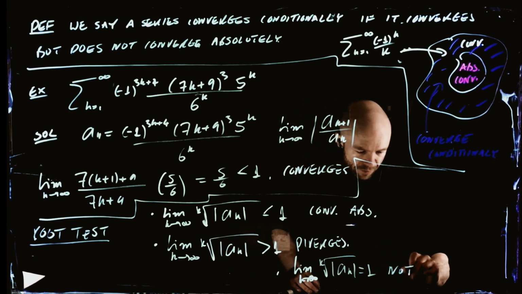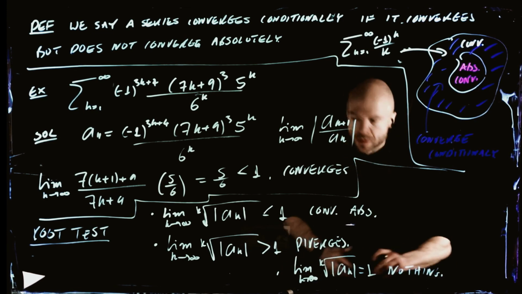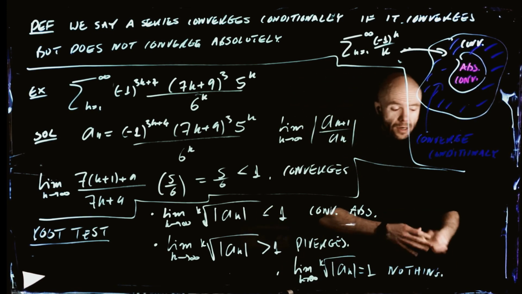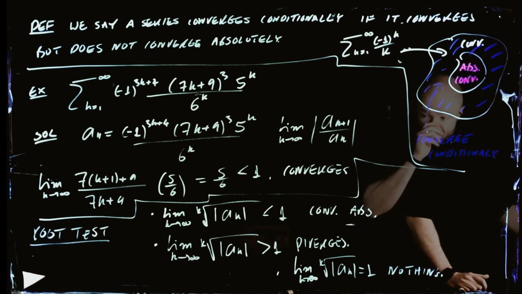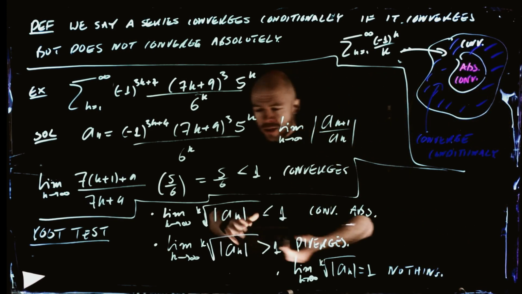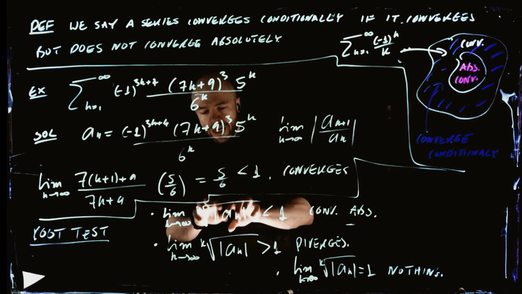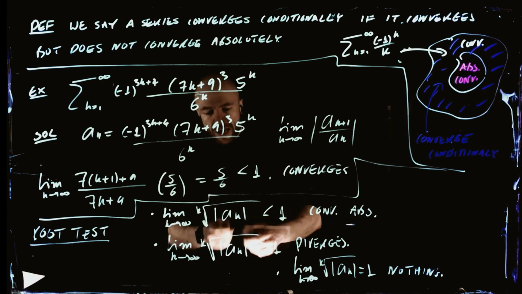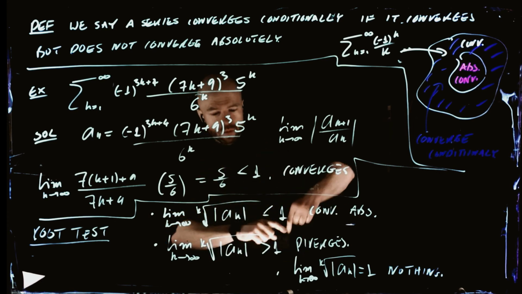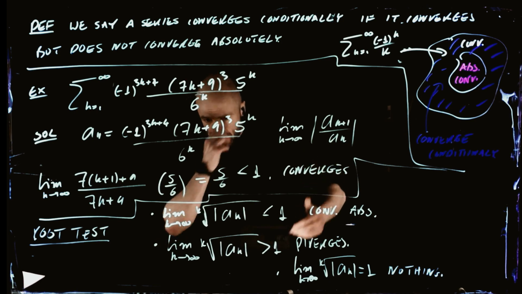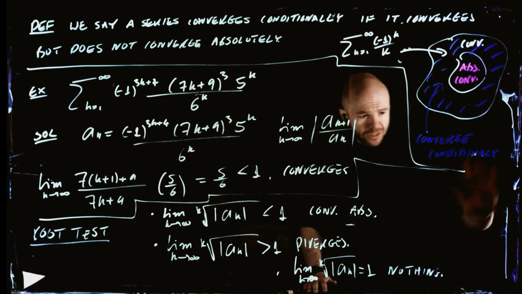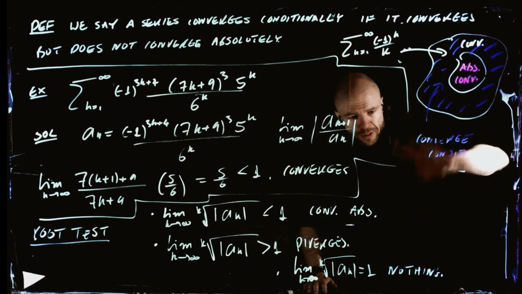We don't know anything. Now this thing is an awful lot like the previous test in that, for very similar reasons to the ones I gave before, it would mean that a_k would be less than some number less than 1 to the power k. It's a nice little exercise for you to do the same kind of reasoning.